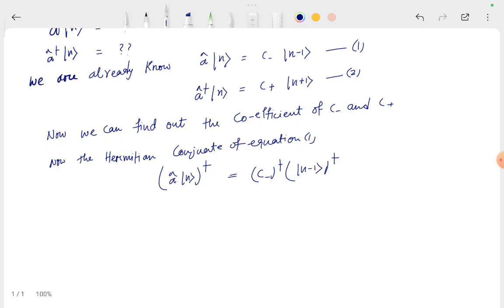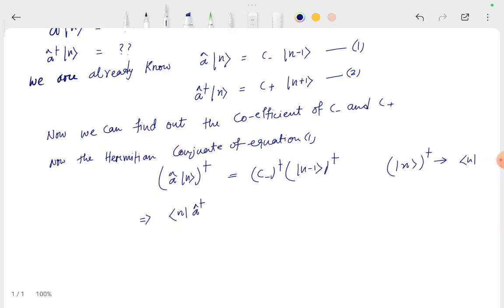If we take the Hermitian conjugate, it gives you bras.